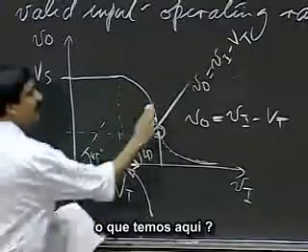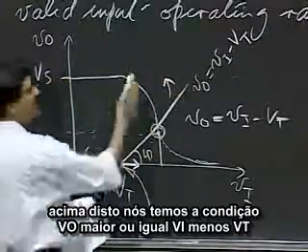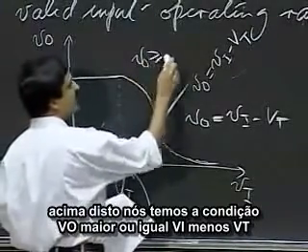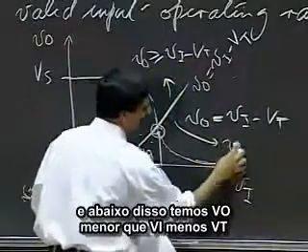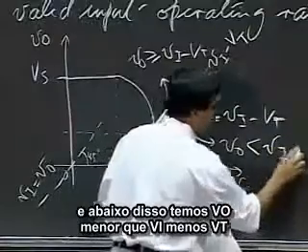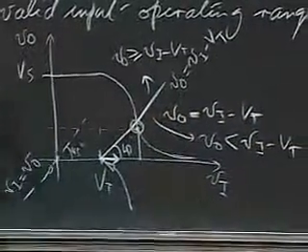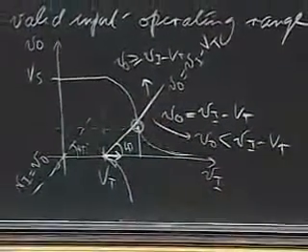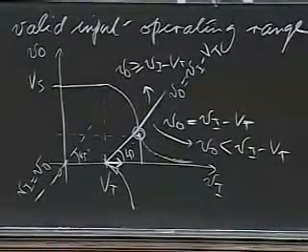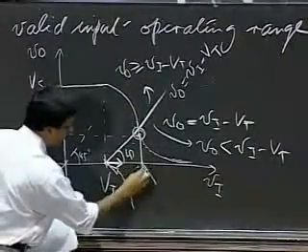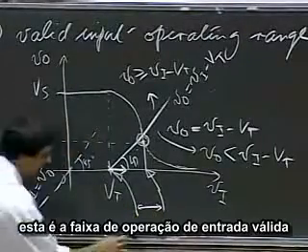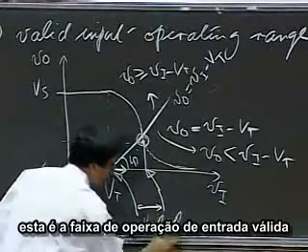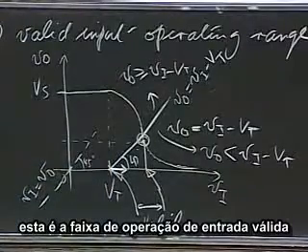Okay? So what do we have here? Above this, we have the condition V naught greater than or equal to Vi minus Vt. And below that, we have V naught less than Vi minus Vt. So if you look at this graph here, this is the valid input operating range.